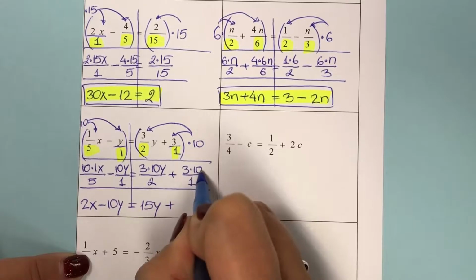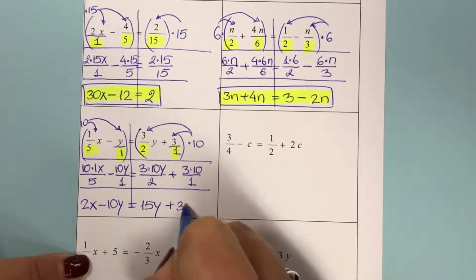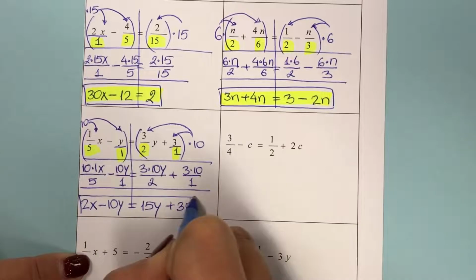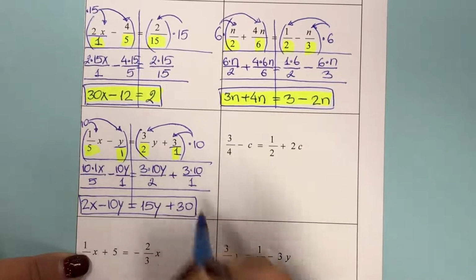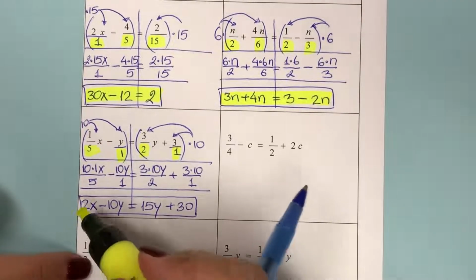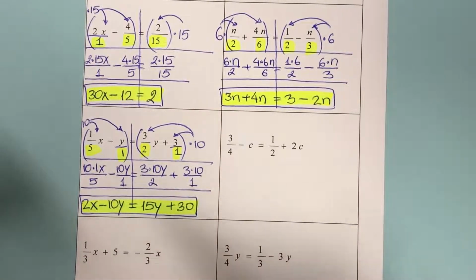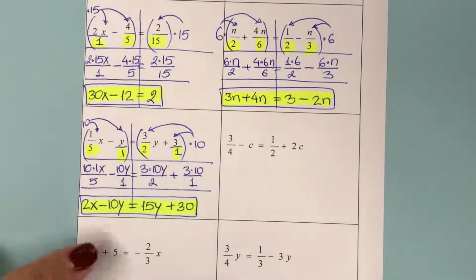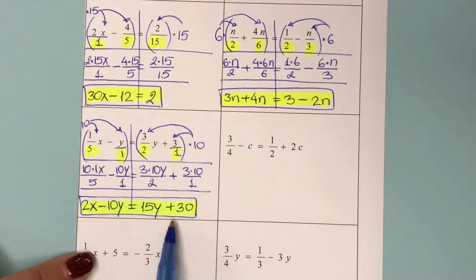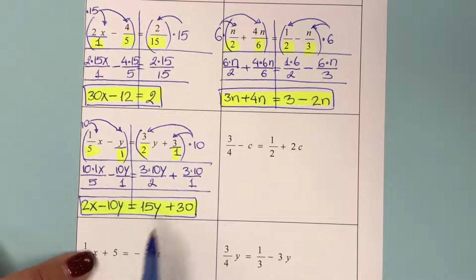And then 3 times 10, 30, divided by 1, still 30. The fractions are gone. The equation has 2 variables, so it cannot be solved. But the goal for today, again, is clearing out the fractions.